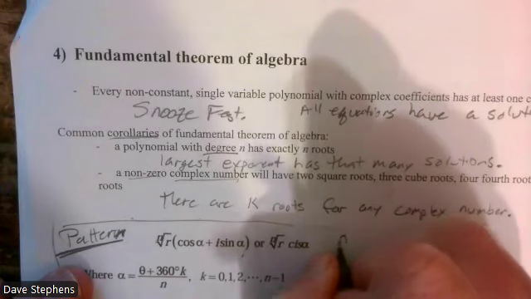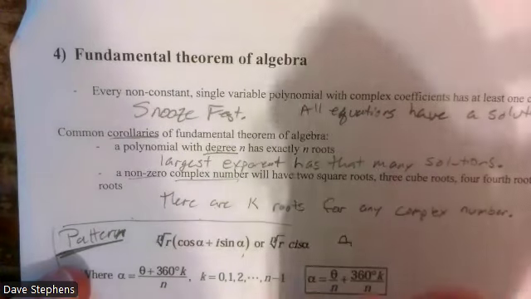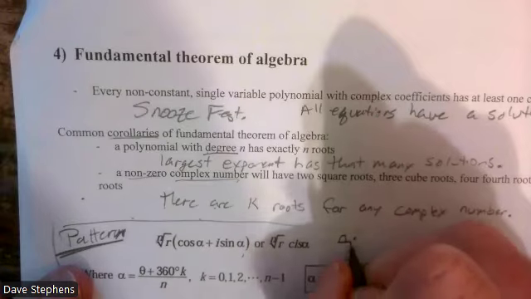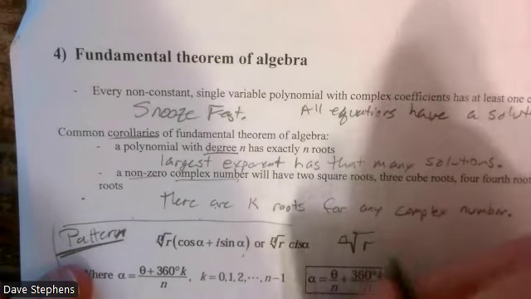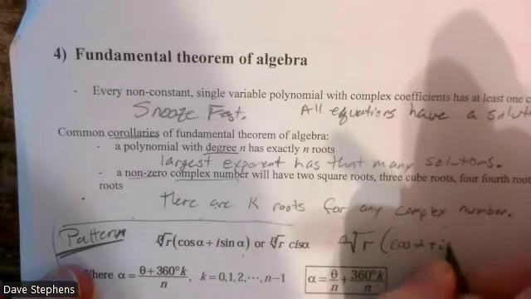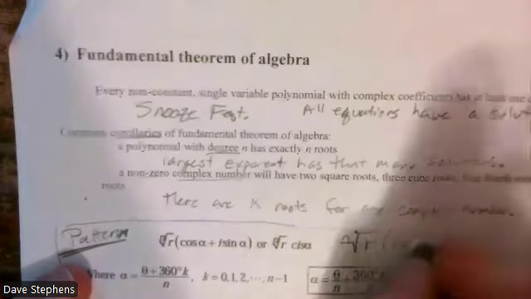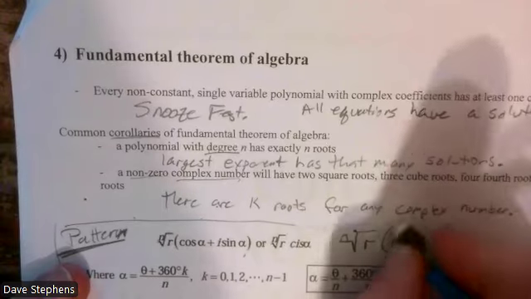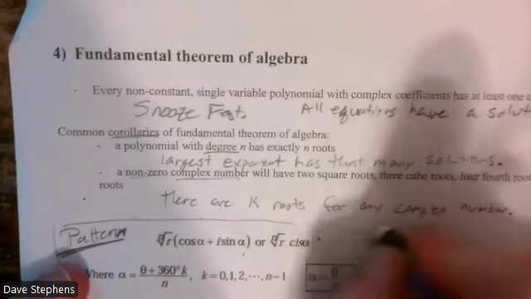It's saying the nth root of r cosine alpha plus i sine. No, let's not even do that. Let's just make it easy.